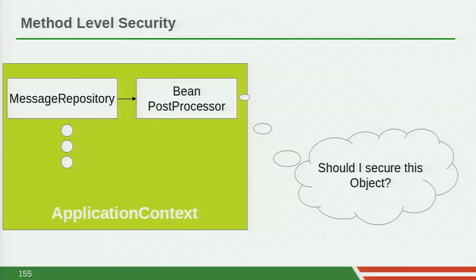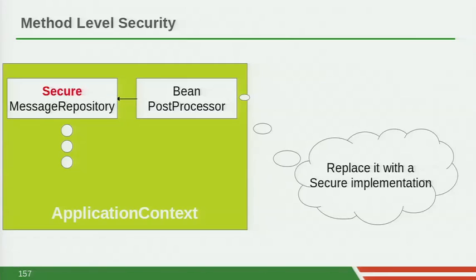And what happens is Spring Security will register a bean post processor inside that application context. And what it does is it looks over all your beans in your Spring configuration. And this is nice because it can actually modify them before it injects them into your objects. So it iterates over each of them, and it says, should I secure this object? And in fact, message repository, it should secure it because it sees one of the security annotations on it.